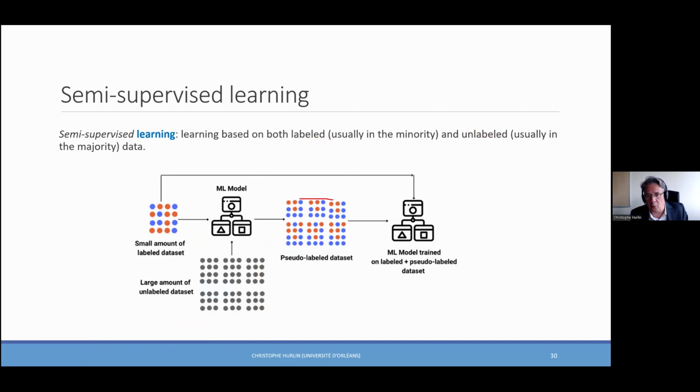In general, we use this pseudo-labeled data set to train the model, and then we have a feedback loop until there is a convergence, to say we are sure that we are forecasting the label in a good way. Do you have any question about semi-supervised learning? No.